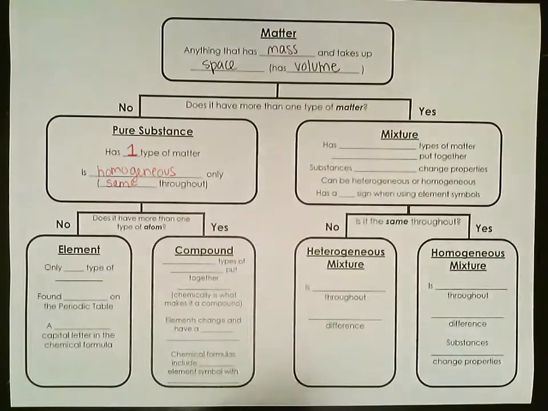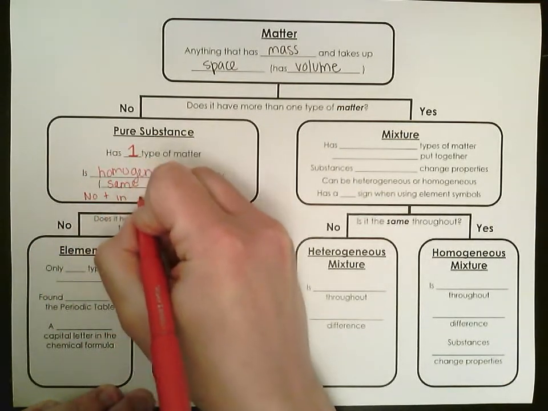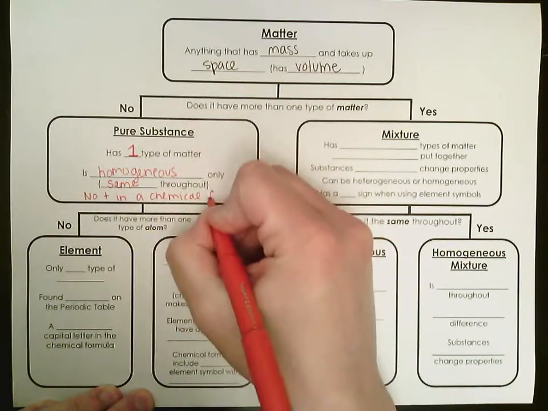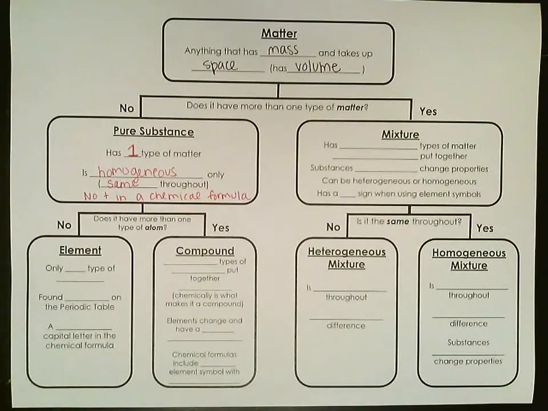So any pure substance is the same throughout. Another thing I want you all to note here that usually comes up is that when I'm talking about a chemical formula, there is no plus sign. We'll look more at that when we look at some examples in just a minute.